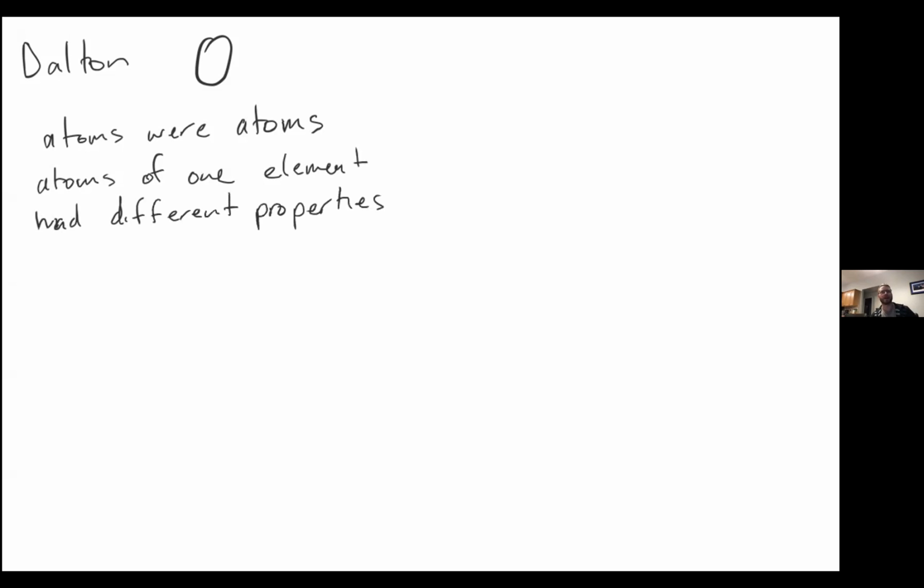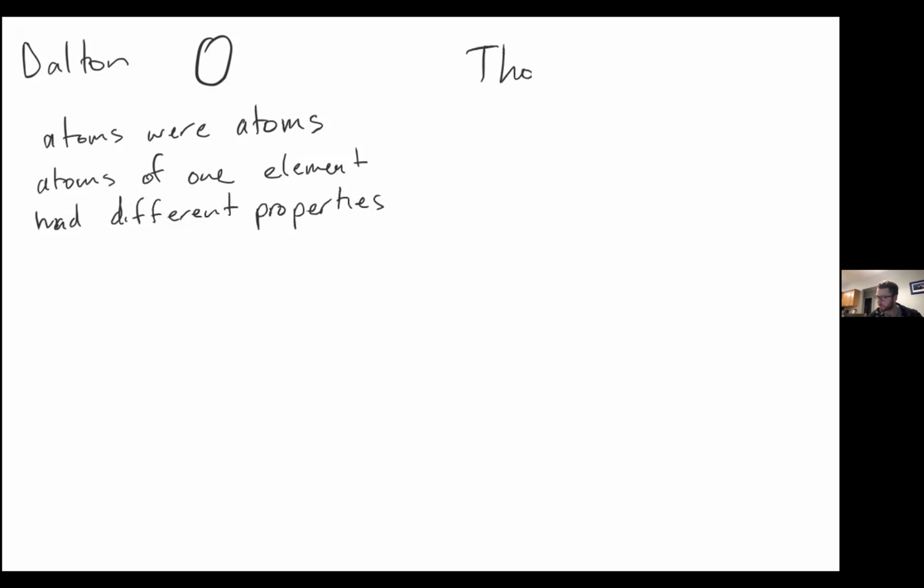Okay, so for example, if we had a sample of oxygen versus a sample of hydrogen, Dalton would have thought that those atoms would have different properties. Okay, all matter is made up of atoms, and atoms can combine to make substances. Okay, so that was Dalton.